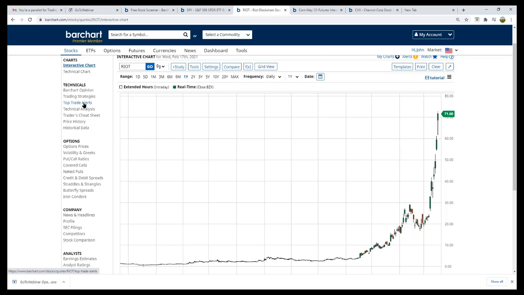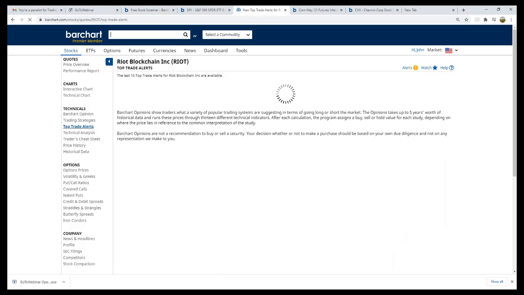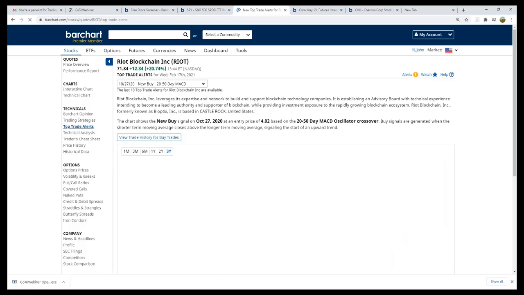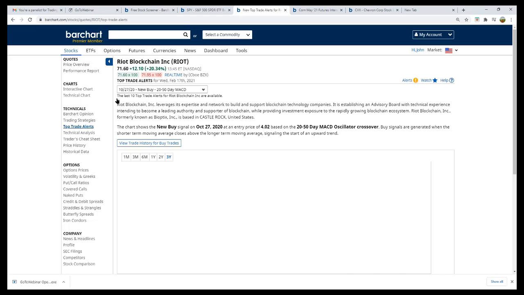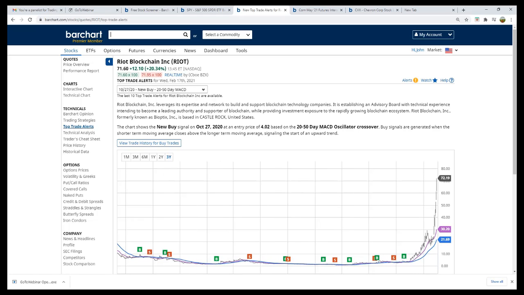But if I go to my top trade alerts, with all these different indicators that we have, the 13 we have, notice that back on October 27, 2020, we got one of those momentum changes where the 20-day moving average moved over the 50-day moving average. A change in our momentum. And that occurred on October 27th when the price of this stock was only $4.